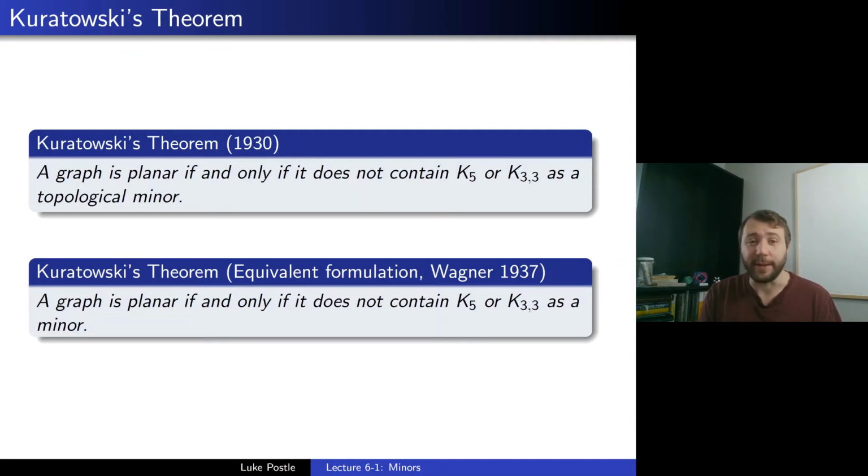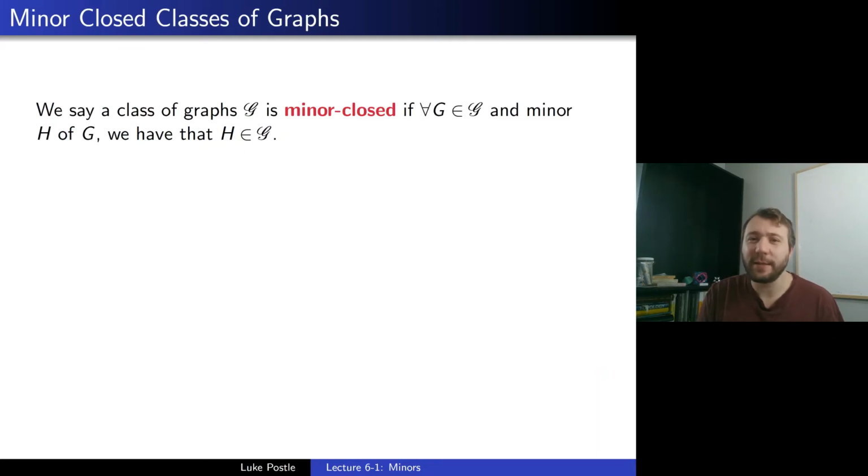But okay, so we have Kuratowski's theorem, and it's very nice because we have a fundamental class of graphs, planar graphs, and it characterizes very nicely when you're not planar, thus giving good certificates. The point is that planar graphs are a minor closed class of graphs.